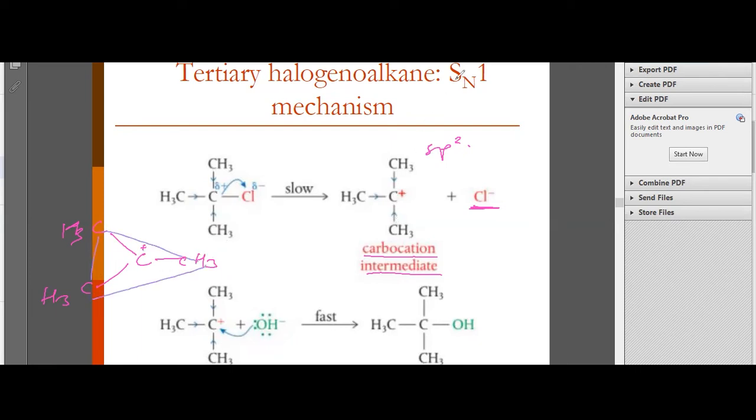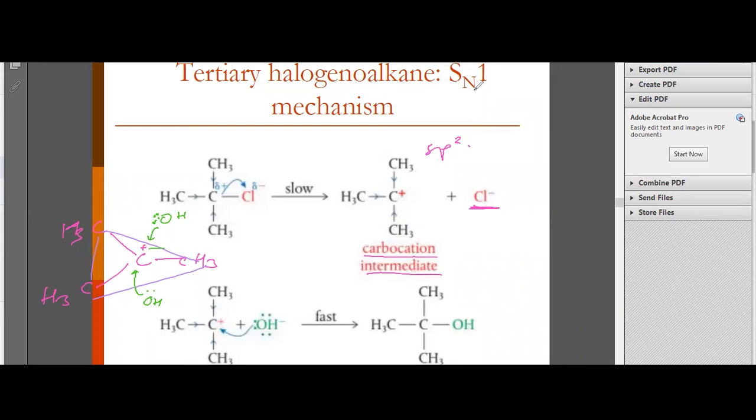So later on, the OH minus can attack from above or from below, because the position is very open since it is planar. No steric hindrance occurs, because it has already changed to an sp2 carbon.